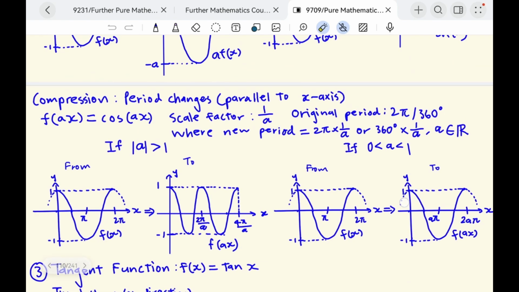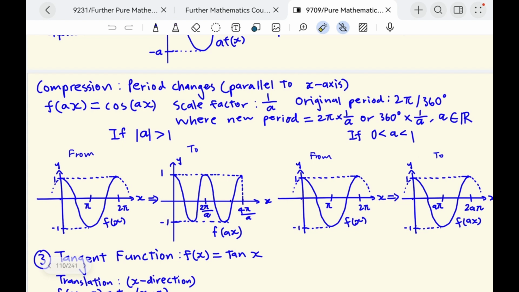So for the period changes, for the cosine function that is parallel to the x-axis, which means that you replace x by ax, you will get the scale factor of 1 over a. Okay? And also the original period of the cosine function is 2 pi and 360 degrees, as we discussed before.